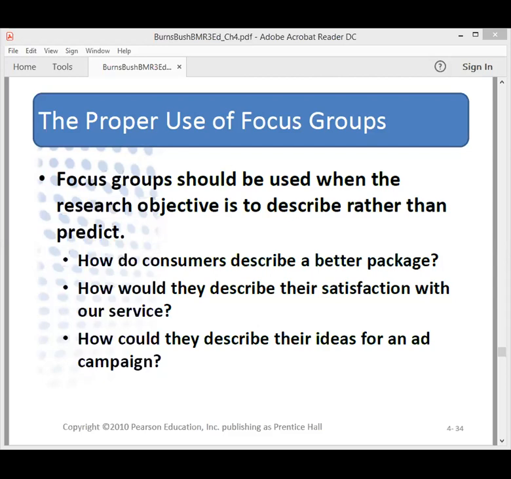Focus groups should not be used when the research objective is to predict. Focus groups are based on a small number of respondents, and they're not representative of the larger population. Focus groups should not be used if research is going to dictate a major, expensive decision for the company.